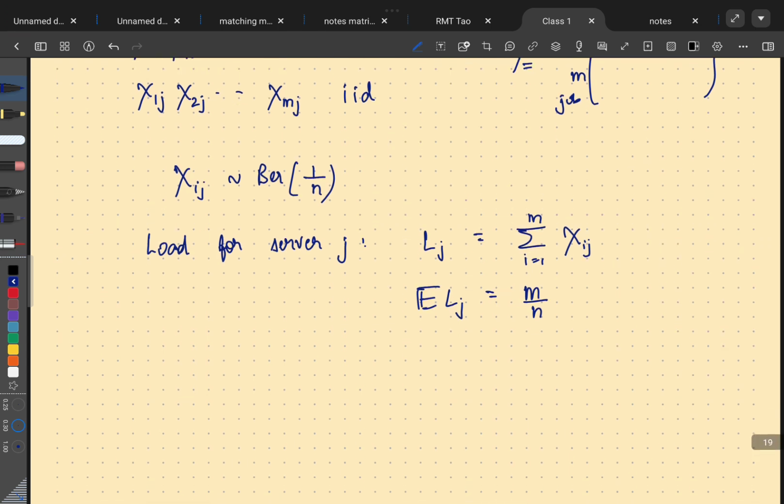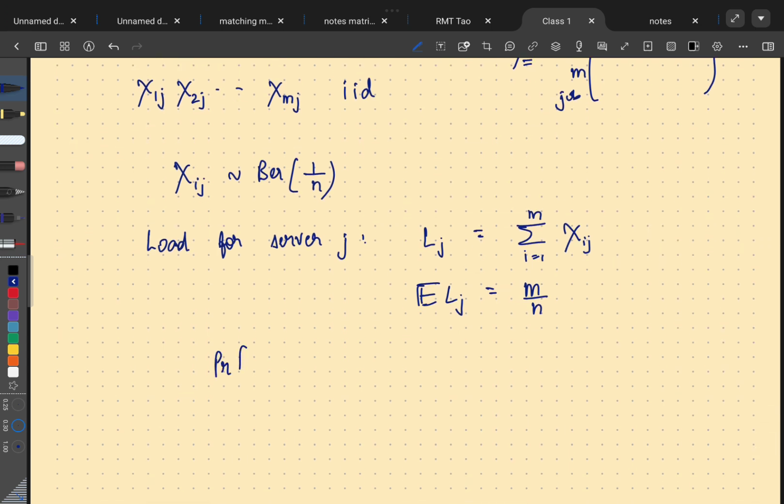So, what is the probability that L_j minus the expectation of L_j, the deviation, is greater than or equal to some m delta by n?